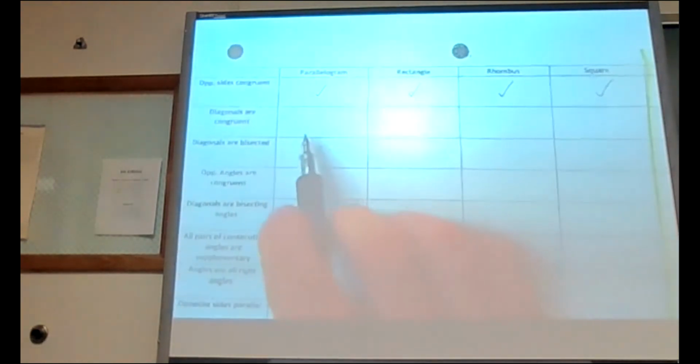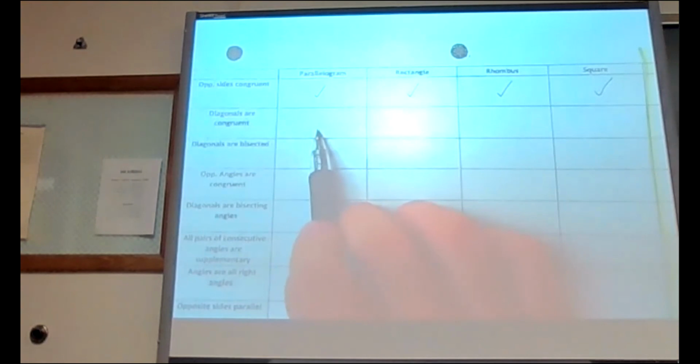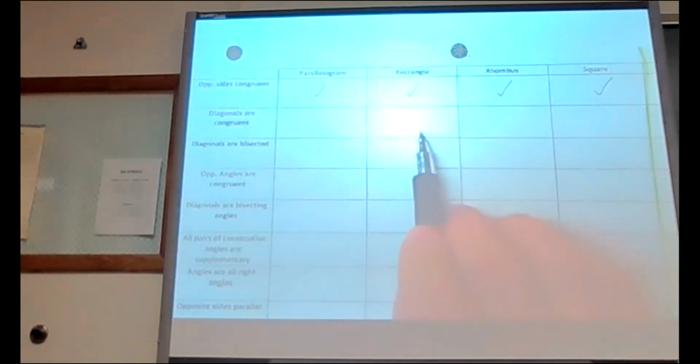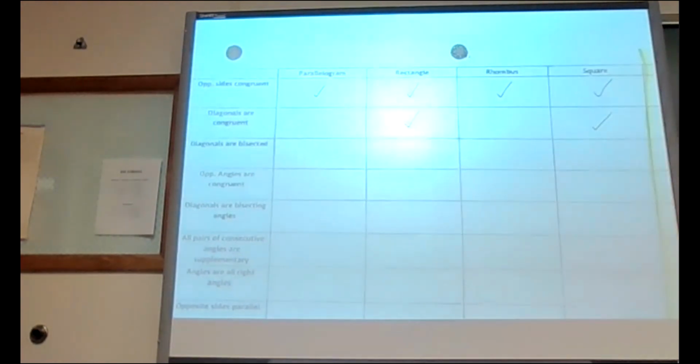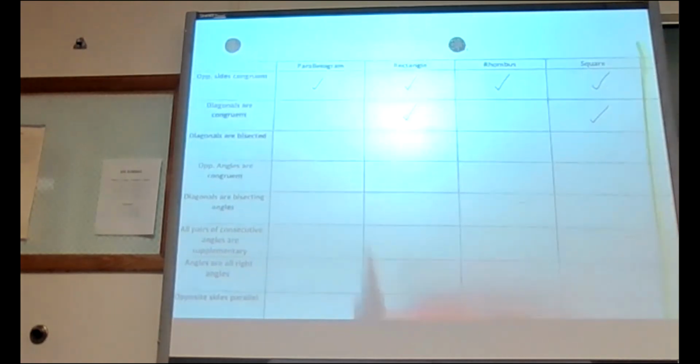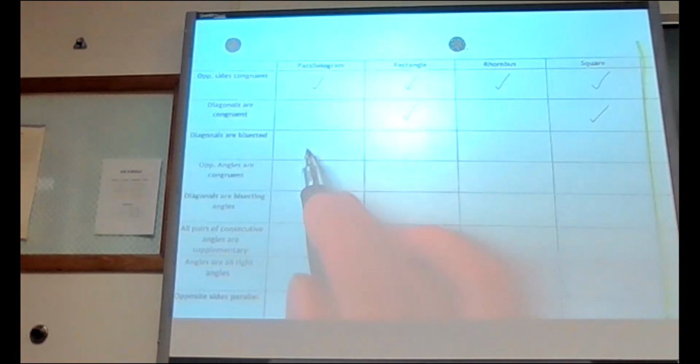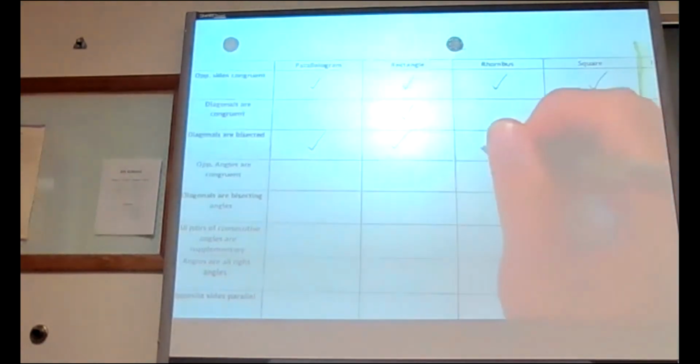In a parallelogram, are diagonals congruent? Are both diagonals the same length always? No. Which special one is that true for? Rectangle. Well, guess what? If it's true for a rectangle, it's true for a square, not necessarily a rhombus. The diagonals are being bisected. Is that true for the parallelogram? Yeah, it is, which means it's true for all of these.